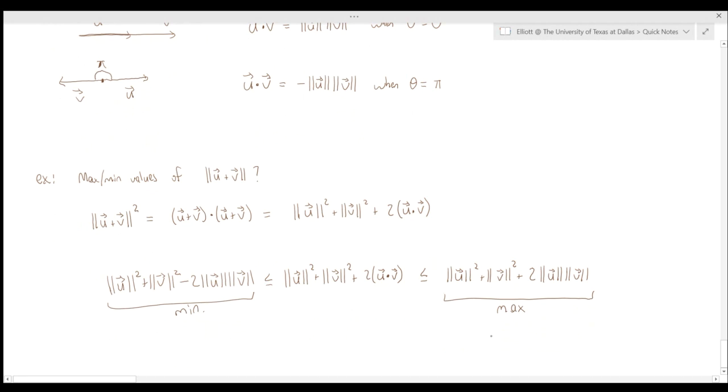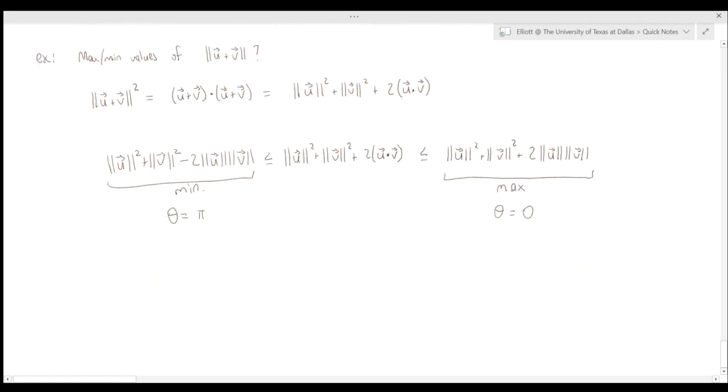And so again, this maximum would occur when the angle between u and v was 0, and this minimum would occur when the angle between them was pi. All right. Any questions about any of that?